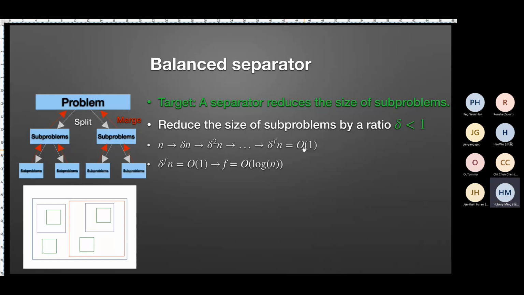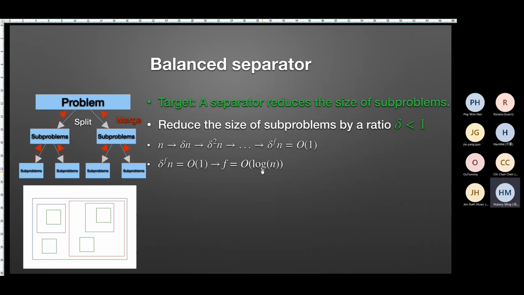Once we can do that, we can solve them easily. And it will indicate that the depth of the recursive steps should be in the big O of log n.